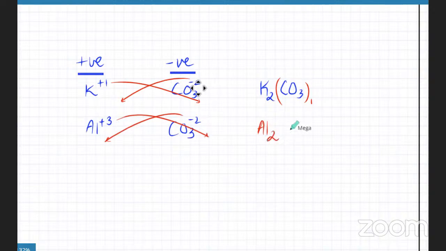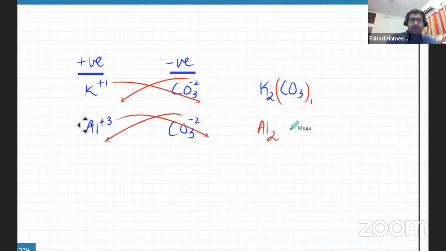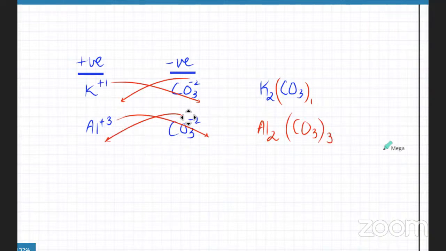So there would be 2 Als. Bring the 2, there's going to be 2 Als. How many carbonates would there be? 3, right? So you write CO3, put a bracket around it, and then there's going to be 3. Is that clear? The whole thing is, there would be 3 CO3s. Is that clear? Yes, sir.